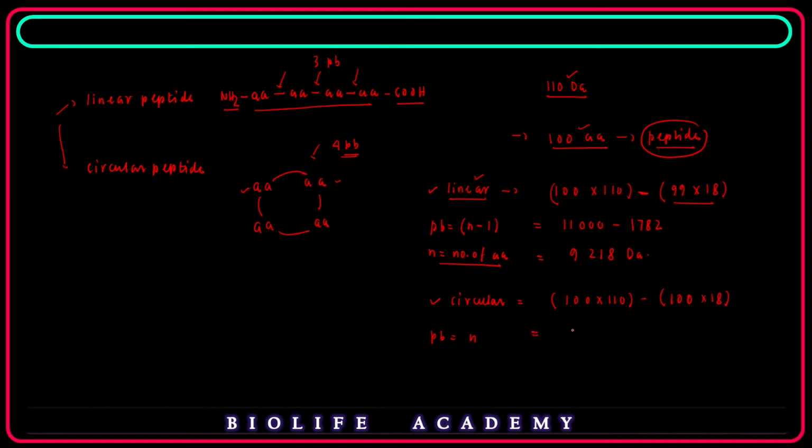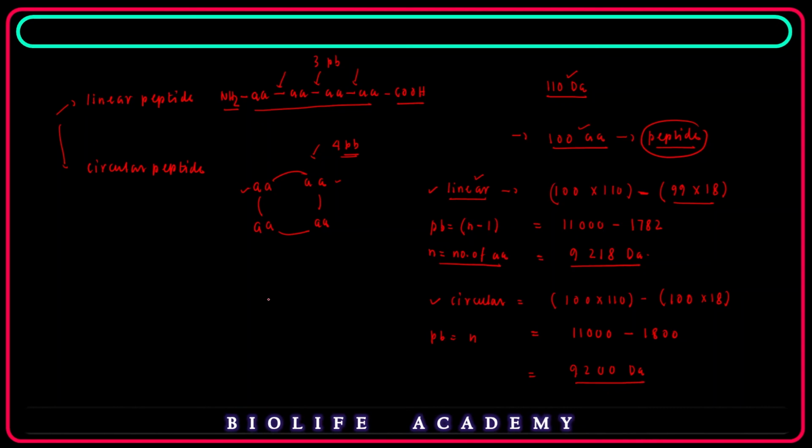This is equal to 11,000 minus 1800, which is 9200 Dalton. If you see carefully, the molecular weight of the linear peptide is 18 Dalton more than this one.